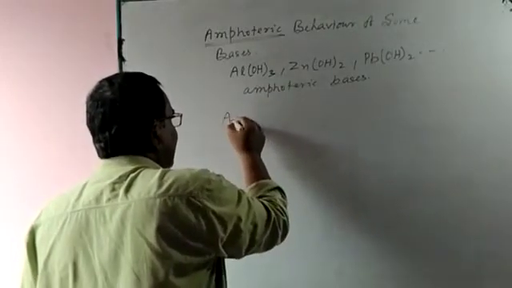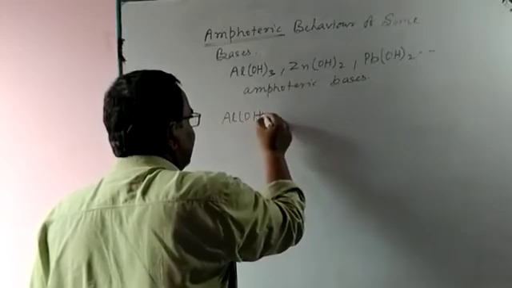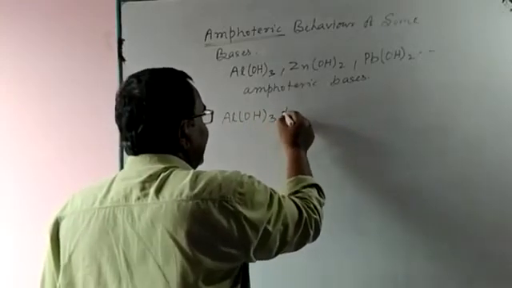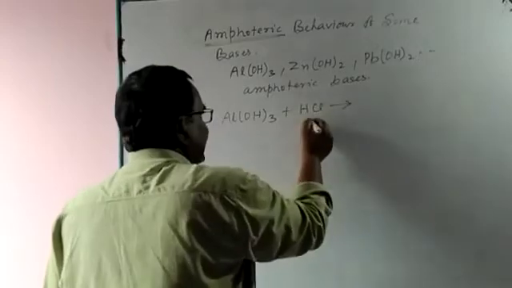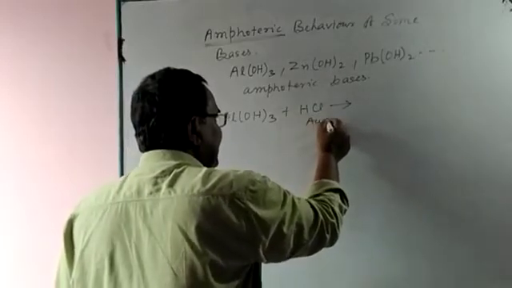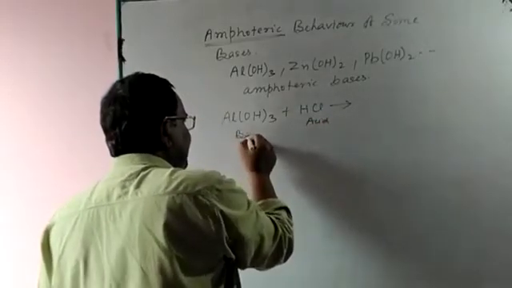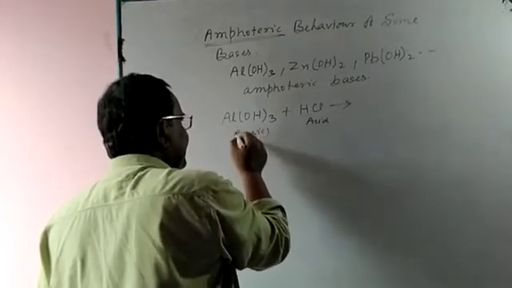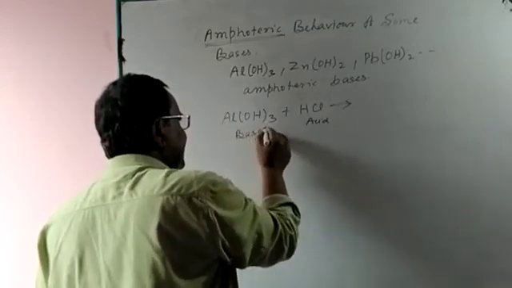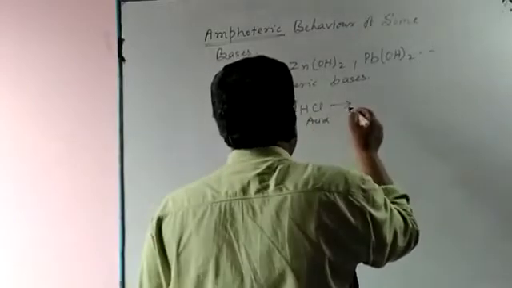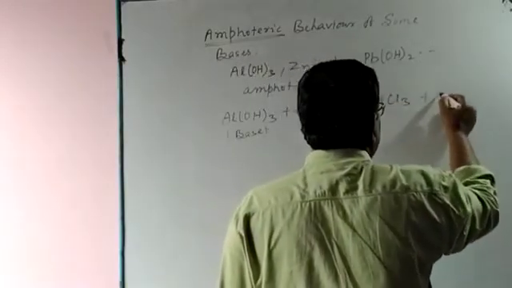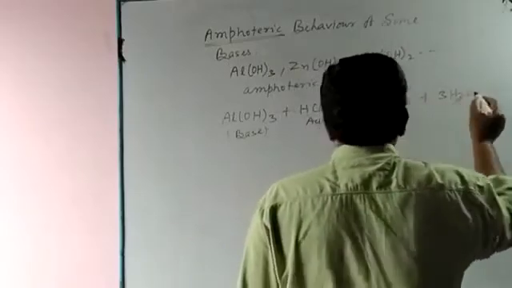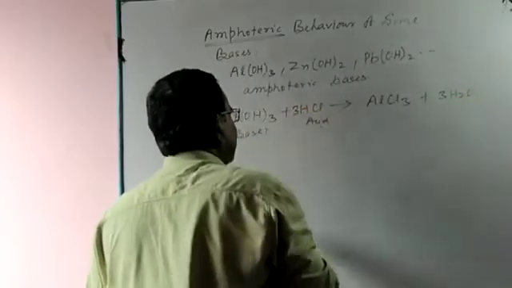As for example, aluminium hydroxide reacts with HCl, which is an acid, and hence it shows basic character, forming AlCl3 plus 3H2O, it should be multiplied by 3.